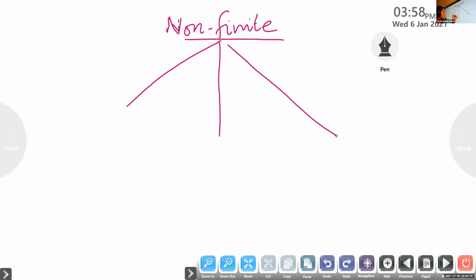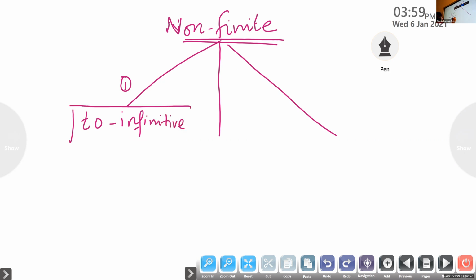Children, listen carefully. Non-finite verbs are divided into 3. The first one is called to infinitive. Please draw this flow chart. The second one is called participle. Please write participle.